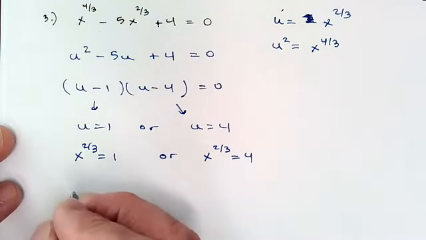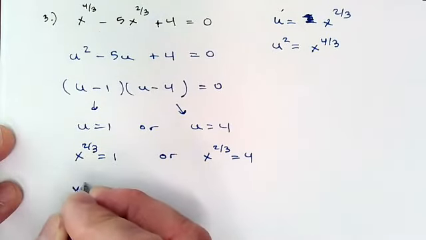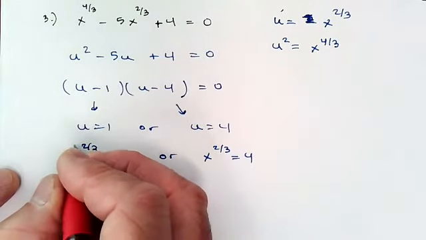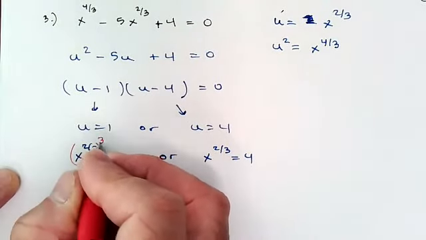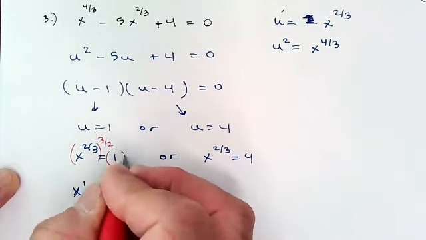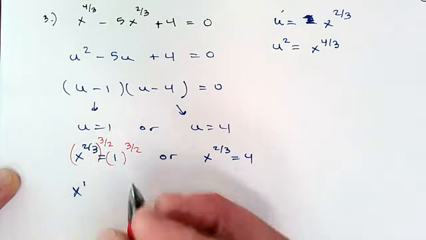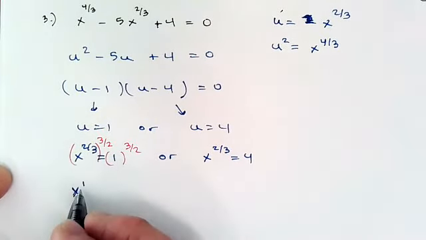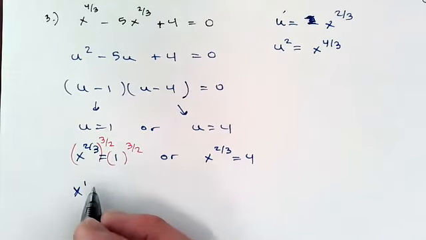I just want to have x, in other words, x to the first is what I want, right? So how could I get that? If I raise both sides to the reciprocal of 2/3, which is 3/2, because you multiply those exponents, that just gives you x to the first, or just x, which is what we're looking for.